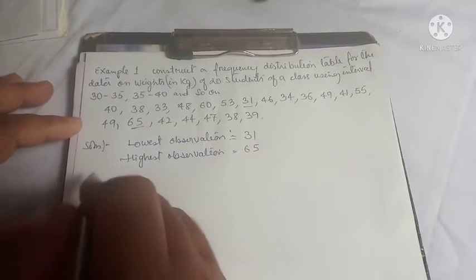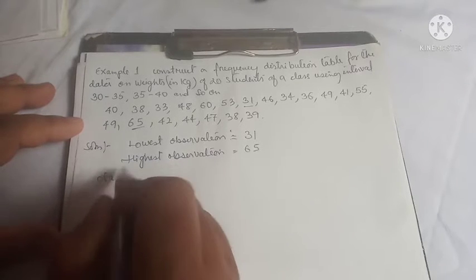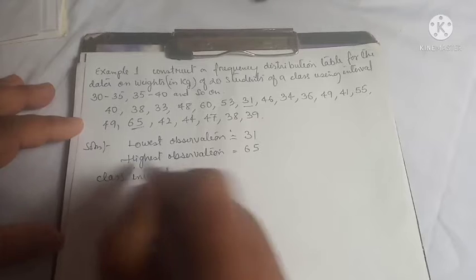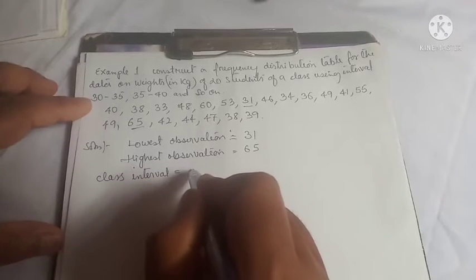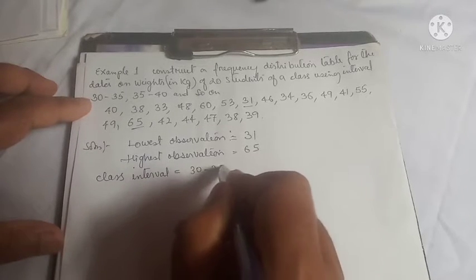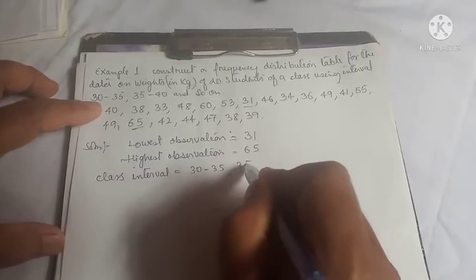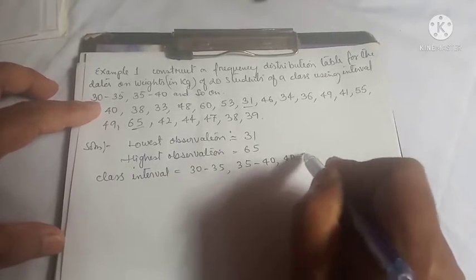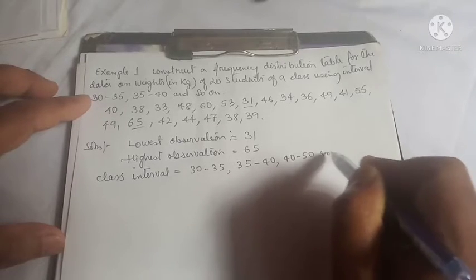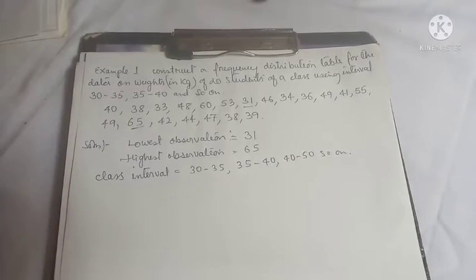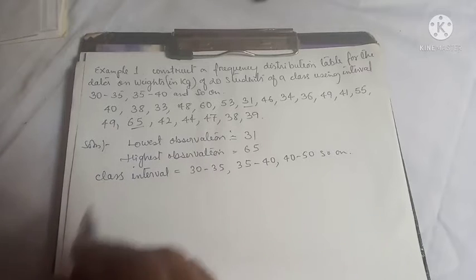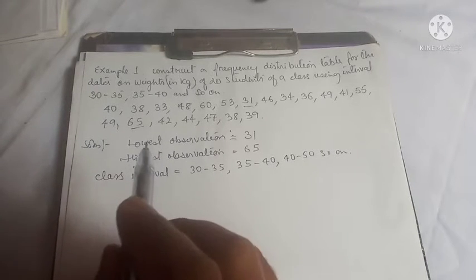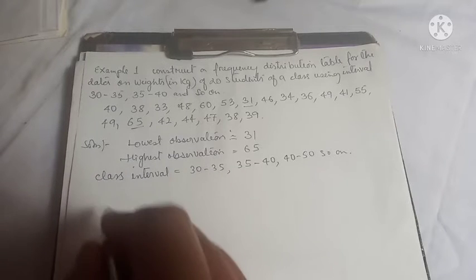Now, the class interval. The class interval has already been given here. How do we prepare the class interval? We will start from here, 30 to 35, and then 35 to 40, then 40 to 45, and so on. We have to prepare the class interval in this way. Now we have to see the class size.